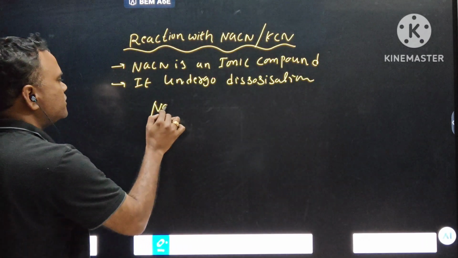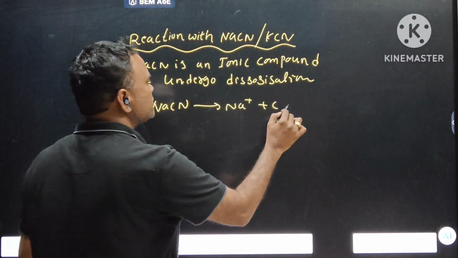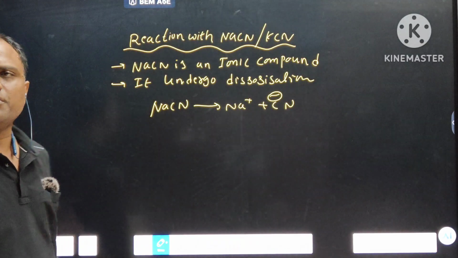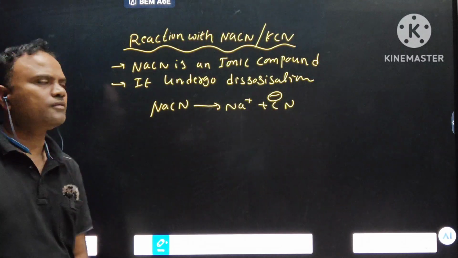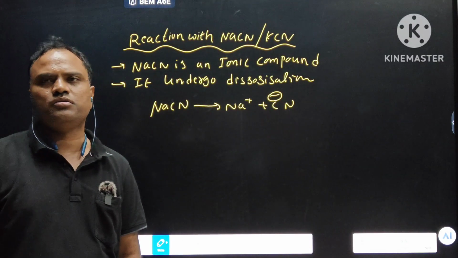See, like this. NaCN gives rise to Na plus and CN negative. Carbon is having the negative charge. Clear? Sodium is getting positive charge and carbon is getting negative charge.